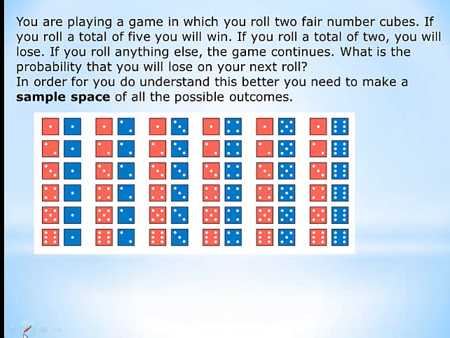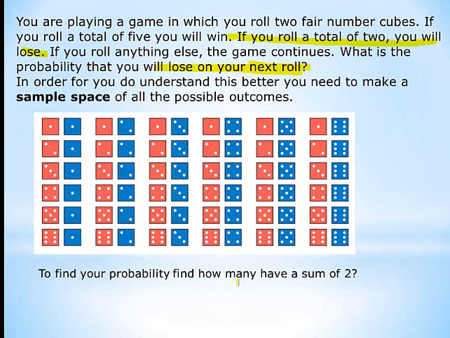Now, I want to know what I need to draw if I'm going to lose. So if I roll a total of 2, I lose. So I need to find out how many up here are a total of 2. How many different sets? Just the one. How many different combinations do I have?